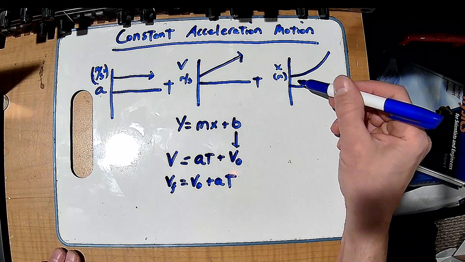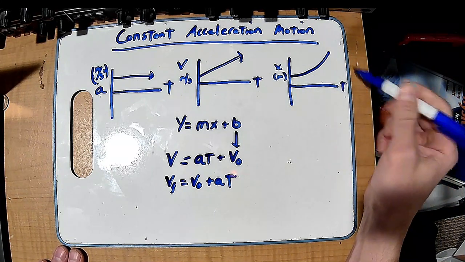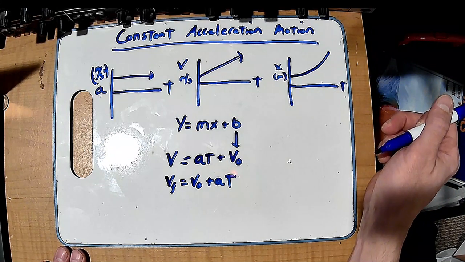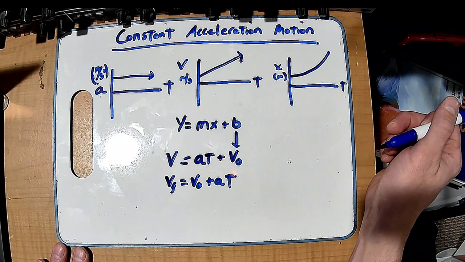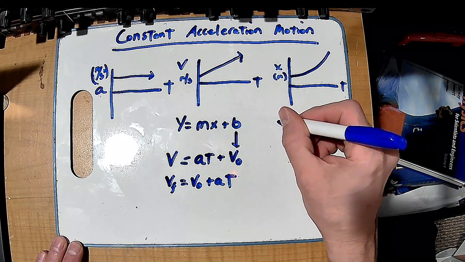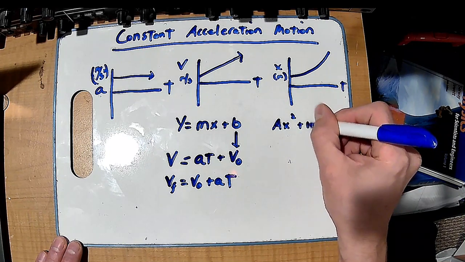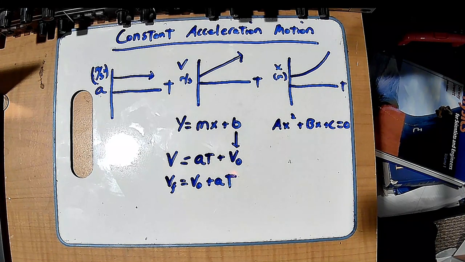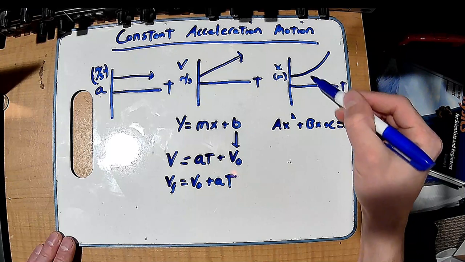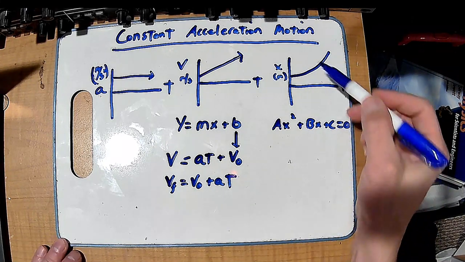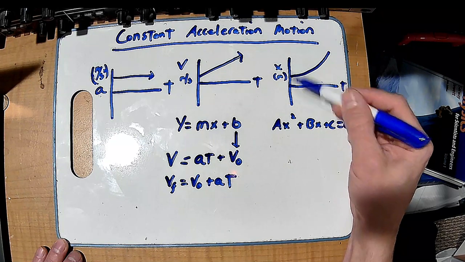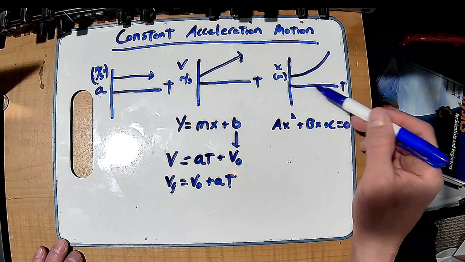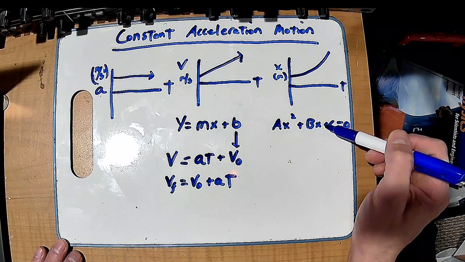Now, this function is a curve. Some folks would say it's an exponential function. Turns out it's not exponential; it's actually a quadratic function. If you remember the general form of a quadratic, ax squared plus bx plus c equals 0. In this particular situation, what we're plotting on the vertical axis is position and on the horizontal axis is time, so we can replace the x's with t's.